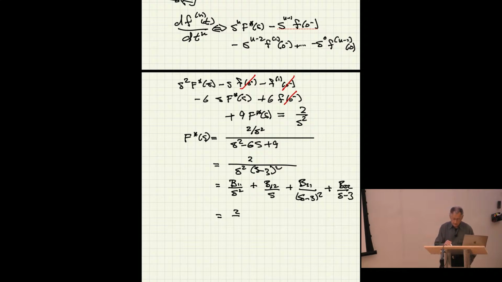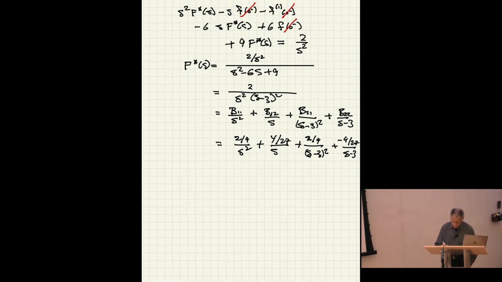So working that out, I'll get 2 over 9. Let me write it this way. That's b11 over s squared plus 4/27 over s itself plus 2/9 over s minus 3 squared plus minus 4/27 over s minus 3.